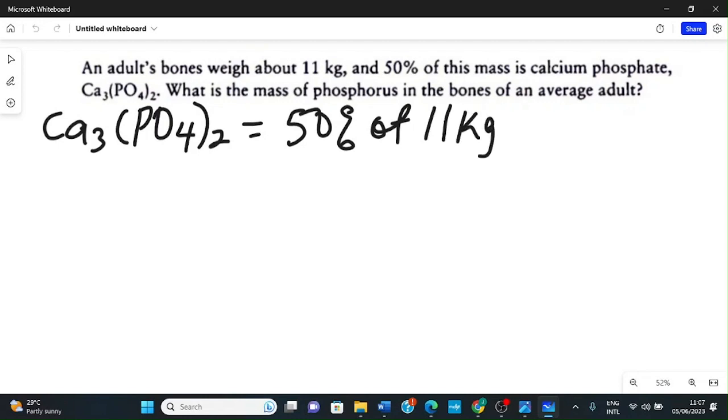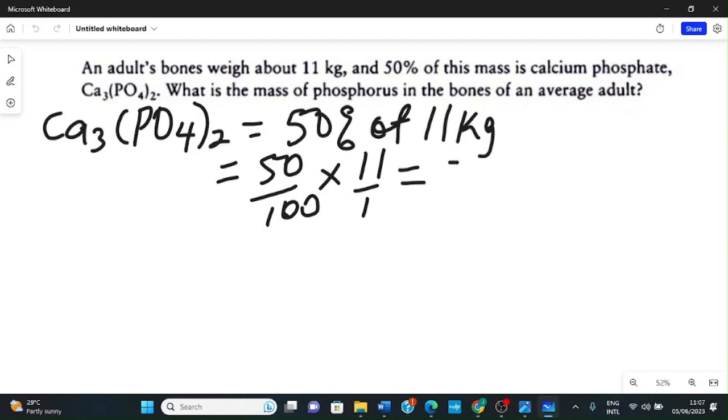Because an adult's bones weigh about 11 kilogram and it contains 50% of calcium phosphate, which will now be equal to what? 50 over 100 multiplied by what? 11 kg over 1. So you have 5.5 kg. Yeah, 5.5 kg.